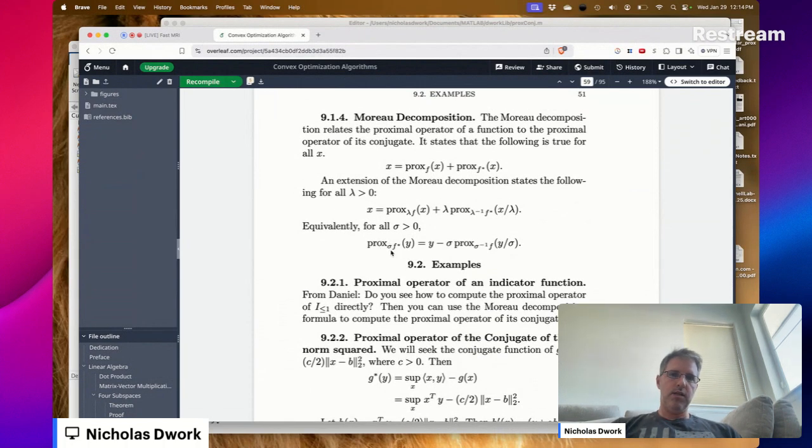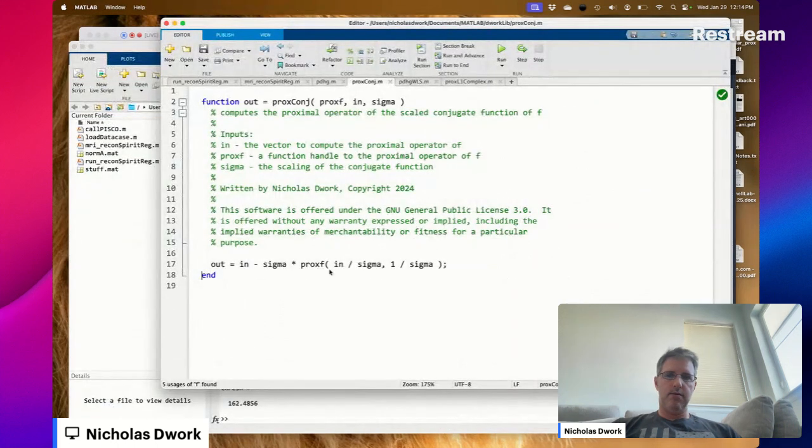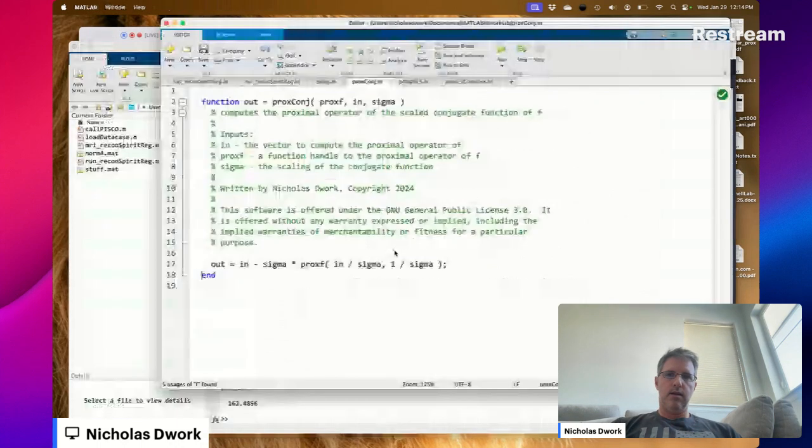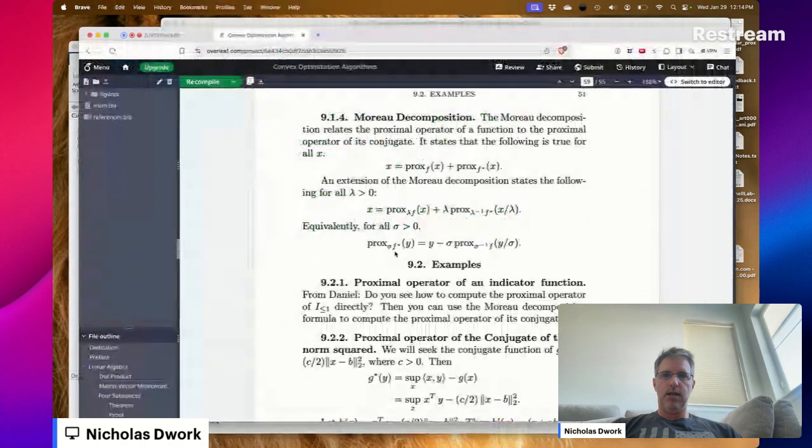Okay, so prox conjugate of sigma f. So I'm scaling f. Here, f is just the L1 norm.